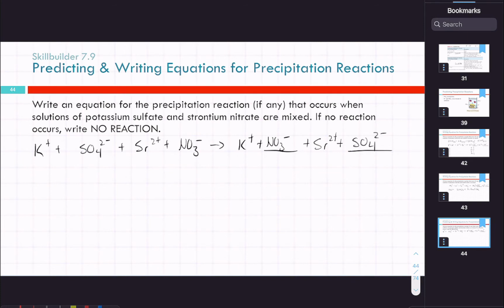So now we have to write all of these with the correct formulas. We get potassium sulfate, and then we'll get strontium nitrate, leaving space for coefficients. And then potassium nitrate.